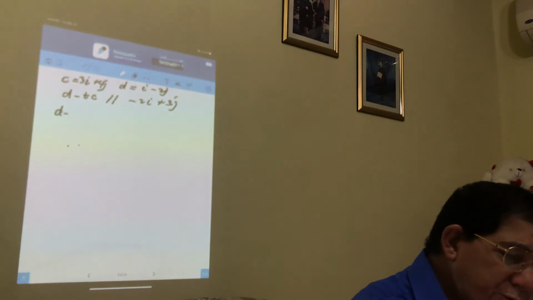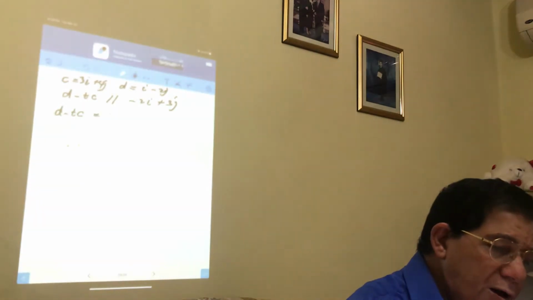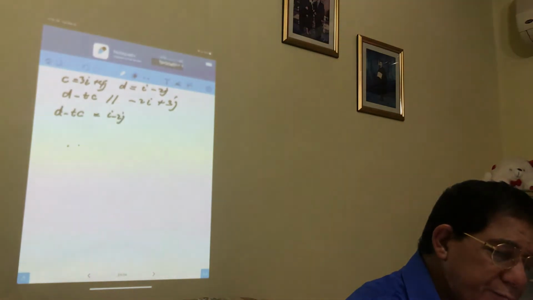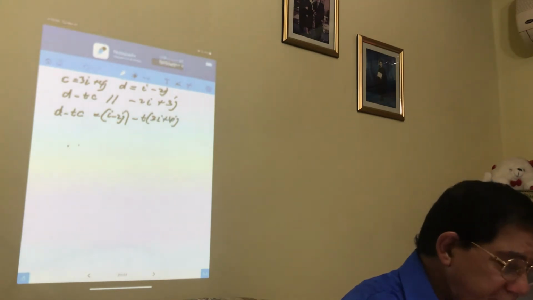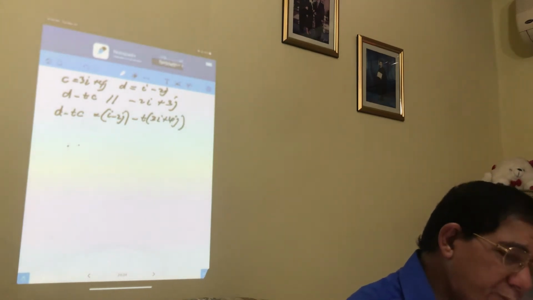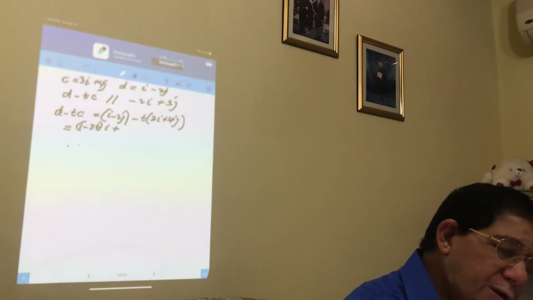D minus tC equals i minus 2j minus t times 3i plus 4j. This is equal to 1 minus 3t i plus negative 2 minus 4t j.